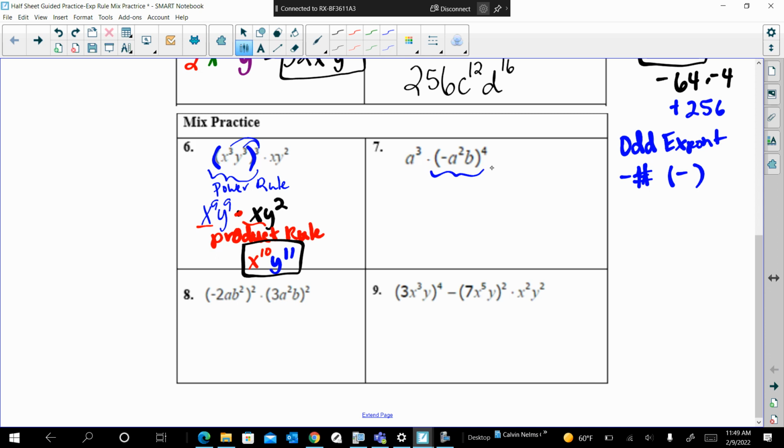I don't know if y'all noticed, but when I started with the parentheses and wrote it out, there were no more parentheses because I used the rule to get rid of them. Hopefully we have a negative a to the 8th, b to the 4th. I'm distributing the 4 to each variable's exponent, and I'm now just going to multiply that by a to the 3rd power.